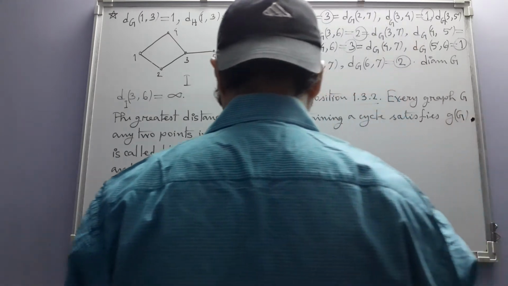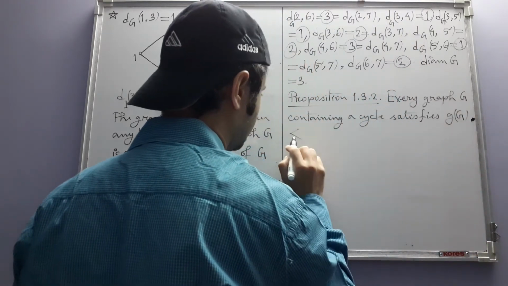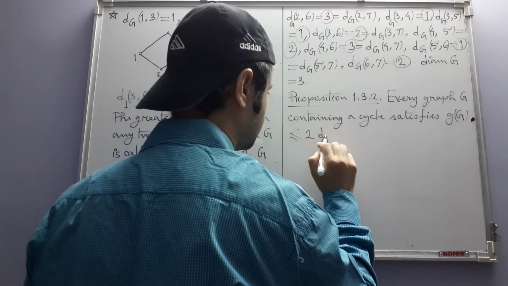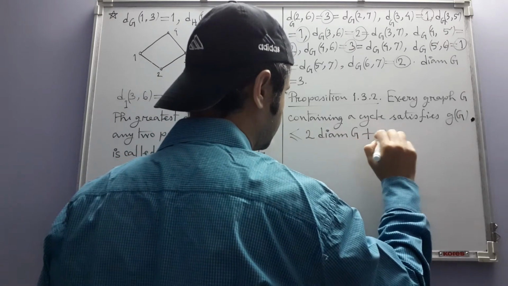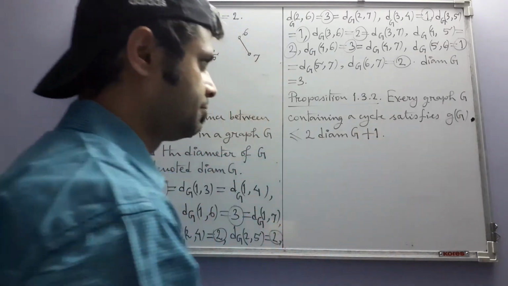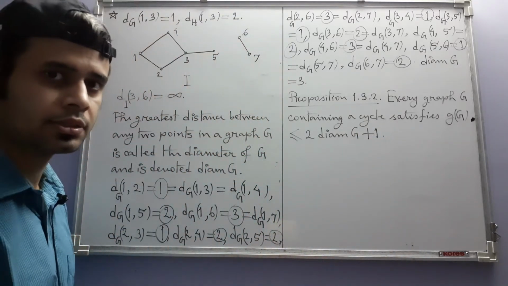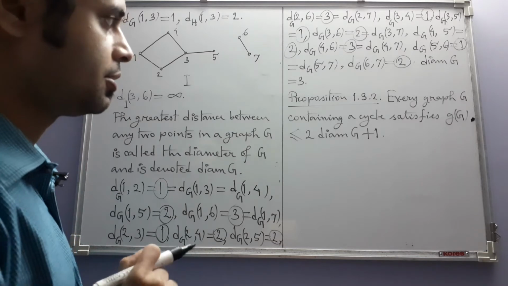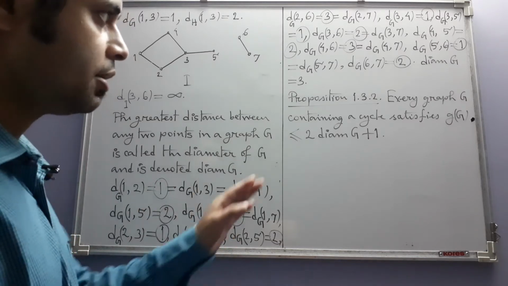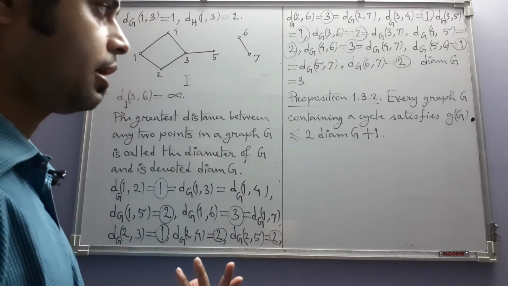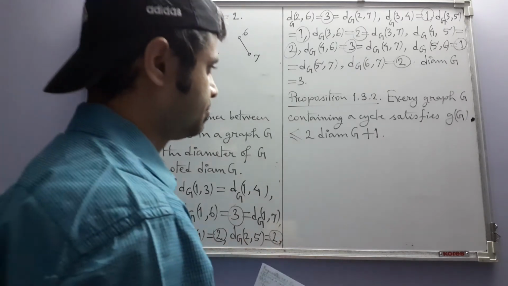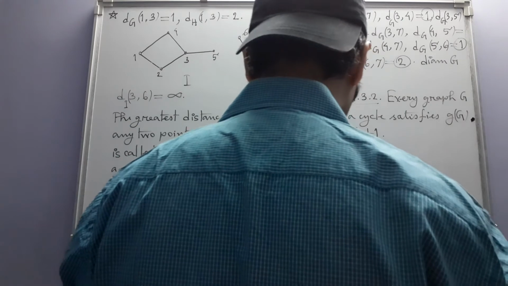The girth of G is always less than or equal to 2 times the diameter of G plus 1, where the girth by definition is the length of the smallest possible cycle in G, and it's given that our graph has at least one cycle. It's not an acyclic graph, which is a graph having no cycle.